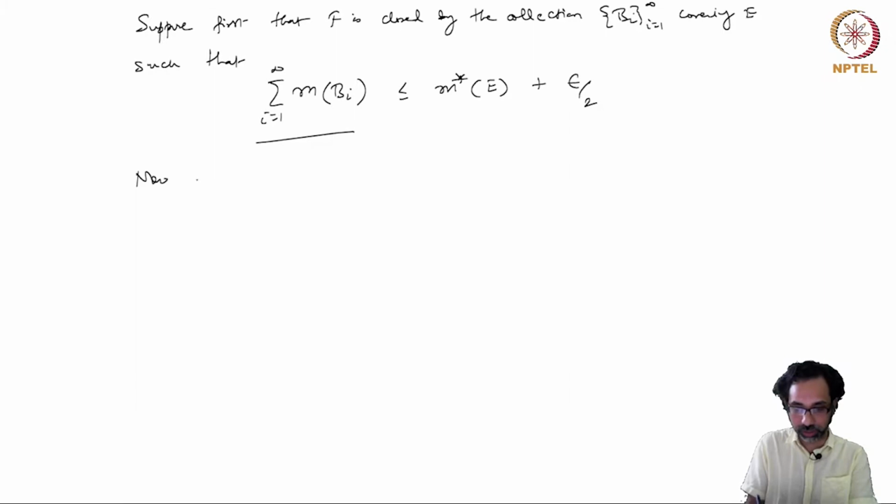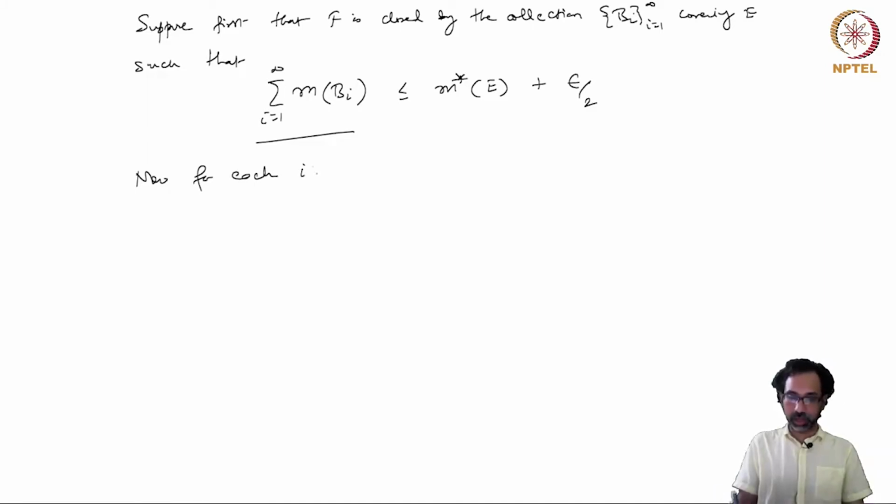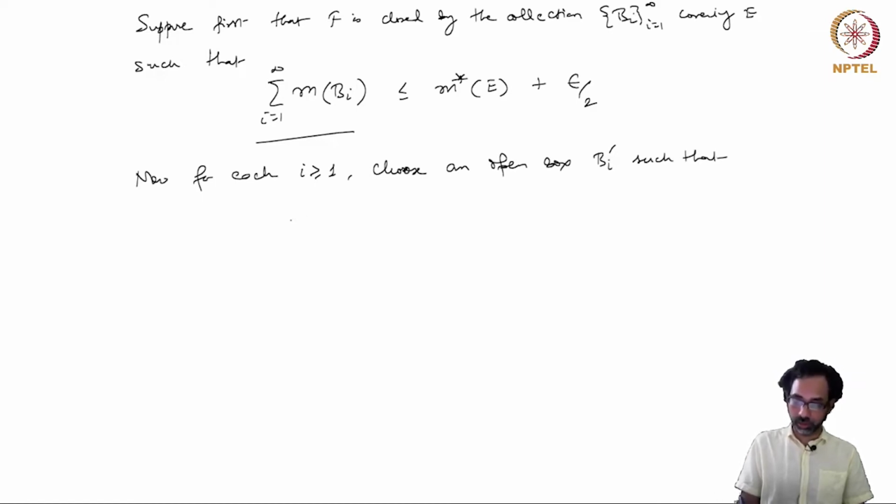Now for each i greater than or equal to 1, choose an open box Bi prime such that m of Bi prime is less than or equal to m of Bi plus epsilon by 2 to the power i.